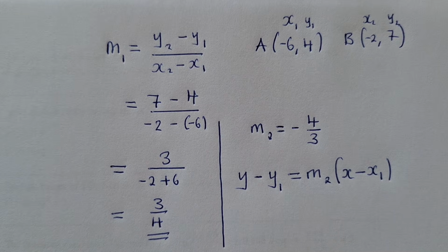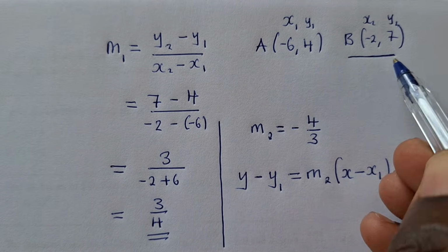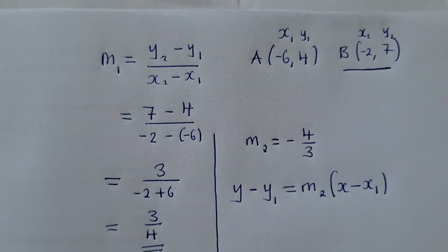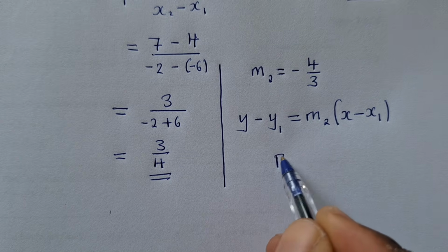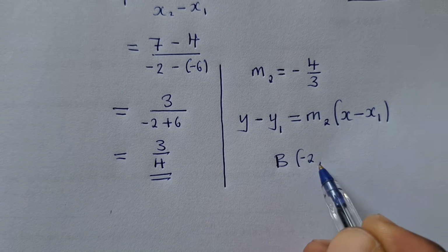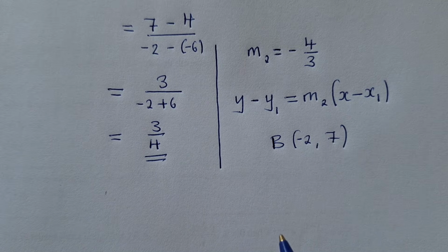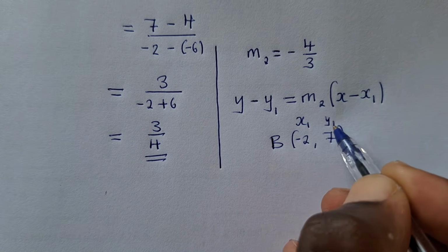They said from B, so we're going to use the point B. Don't use A, use point B. We know that point B is (-2, 7), like this. So you just say, okay, this will be my x1, y1.